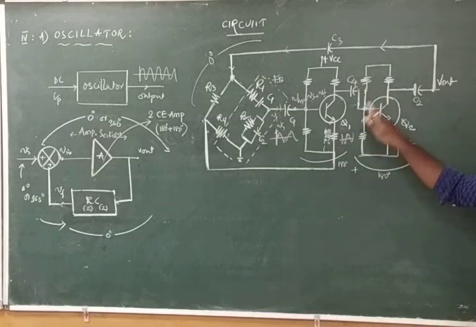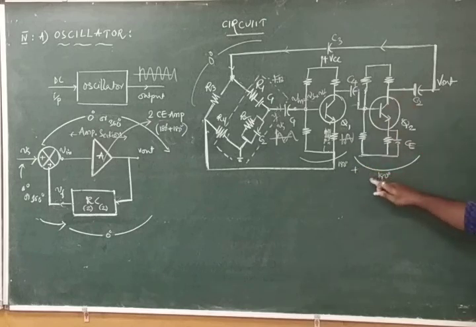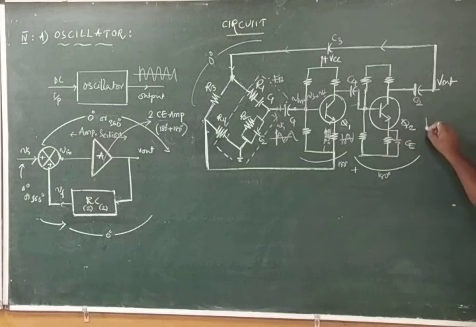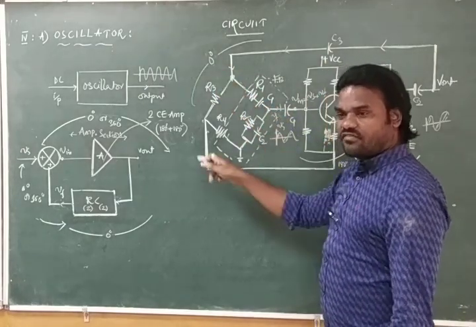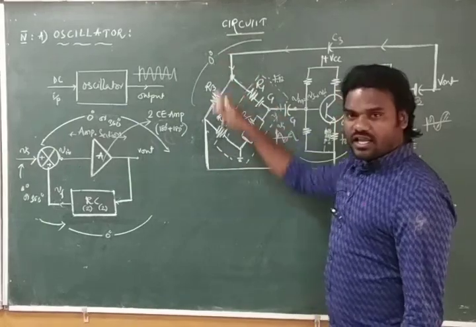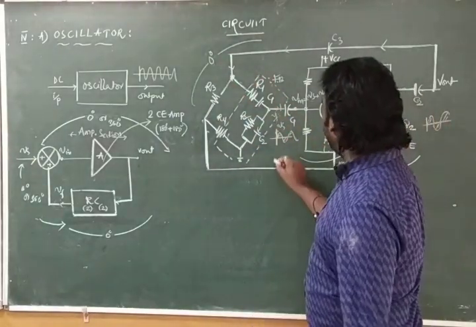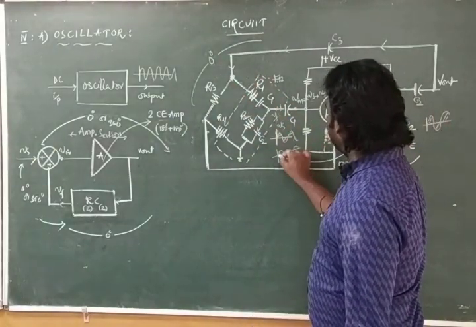Again it is providing how much phase shift? 180 degrees. That means negative will be again positive, so that now I am getting the signal is this one. Now this is taken as input for the feedback network. How much phase shift is it providing? 0 degrees, so that the same signal I can get here, so that the signal will be like this one.